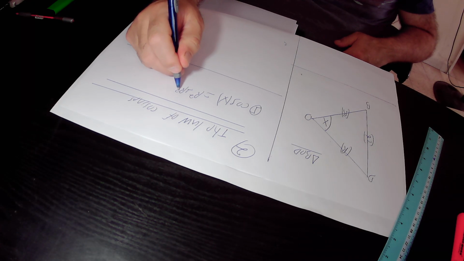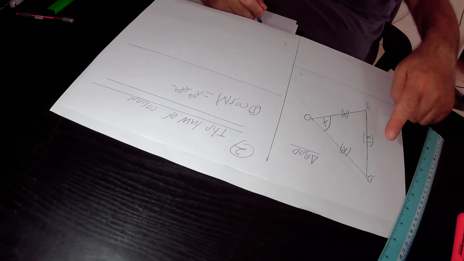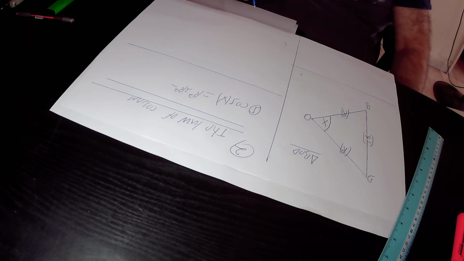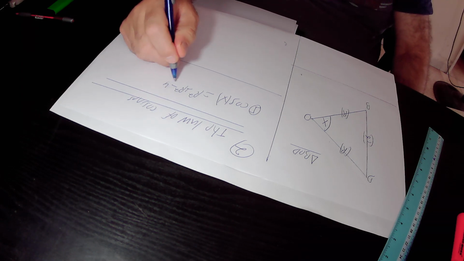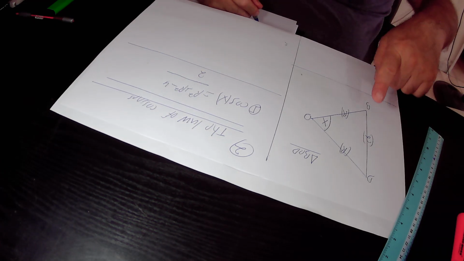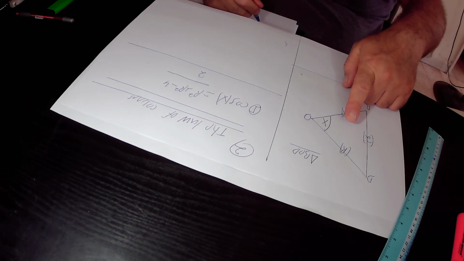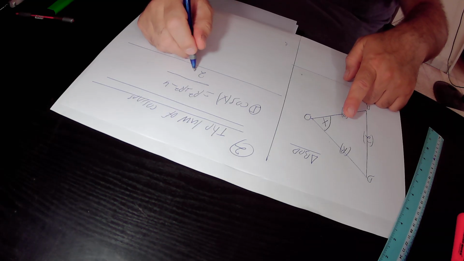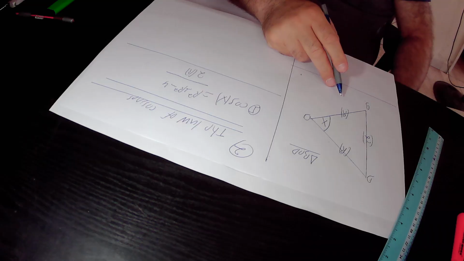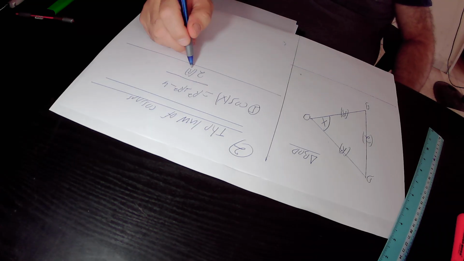So it is plus R square minus DB square. DB equals 2, therefore DB square is 2 squared, that is 4. So it is minus 4 divided by 2 times DO, which is R, times OB, which is also R.